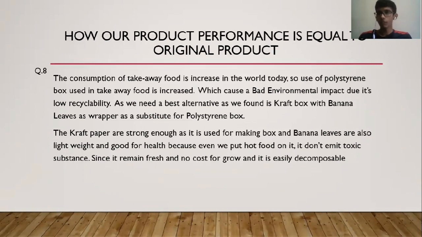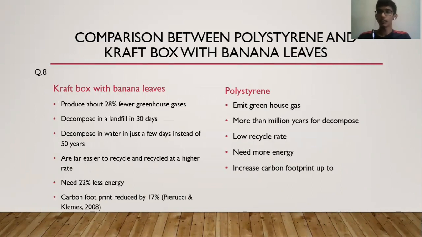And it's also important that when we pour hot food on it, it doesn't emit any toxic or harmful chemicals. Next we look at the disposal and after-use decomposition part.